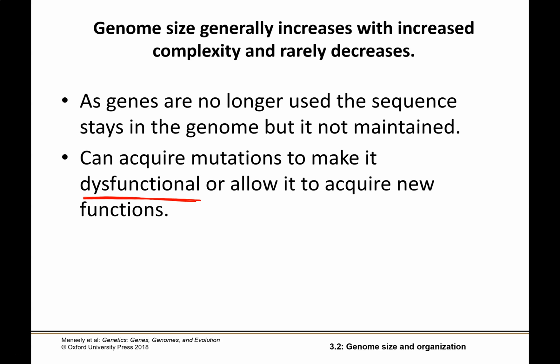Maybe not. We'll talk about that a little bit later. But when it becomes dysfunctional, there's no more maintenance. So this means that changes will continue to accumulate, and there's nothing to stop those changes because that gene is not being used and there's no positive selection pressure anymore.